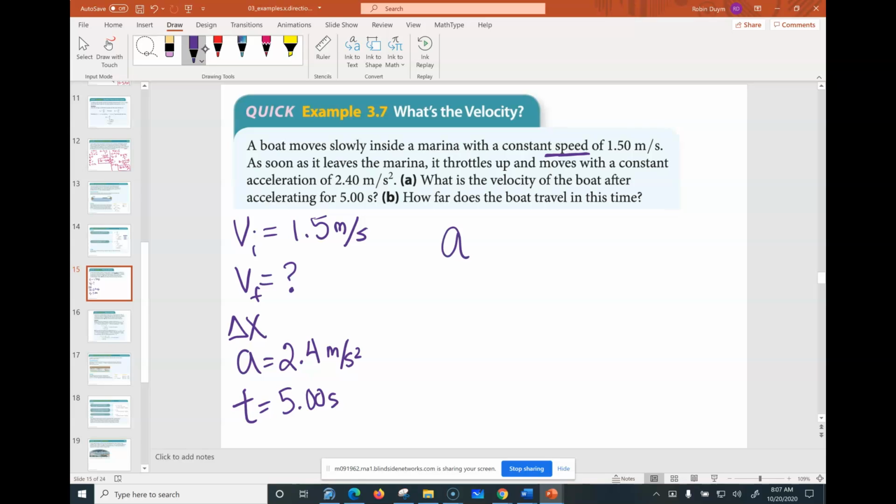So go ahead and write in your equation, plug in those numbers, and if you rearrange this, you're going to see that it turns out to be this.